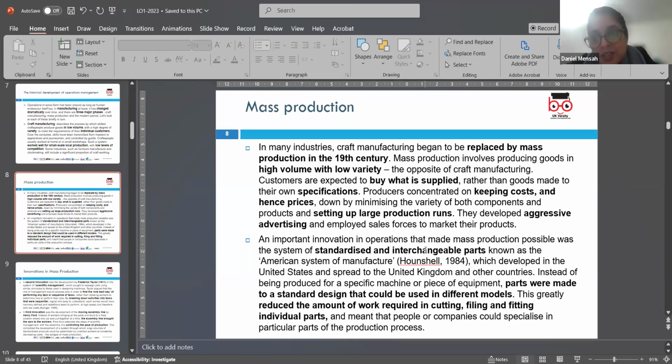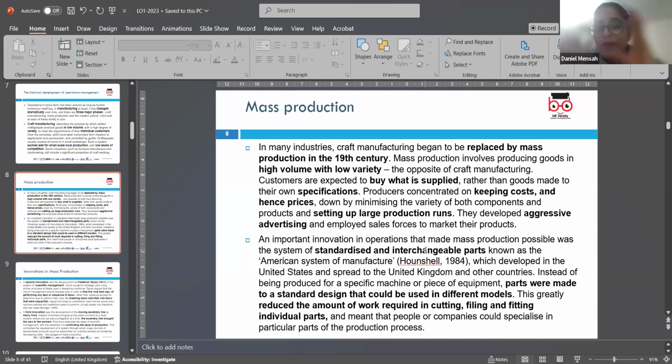But in this case, the variety was low, because they were not catering to the needs of individual customers, but to a big group of customers, producing the same product for them. The customer didn't have a choice. They were not offered a big variety to choose from. So whatever the producer was producing, customers were pushed to buy those products.